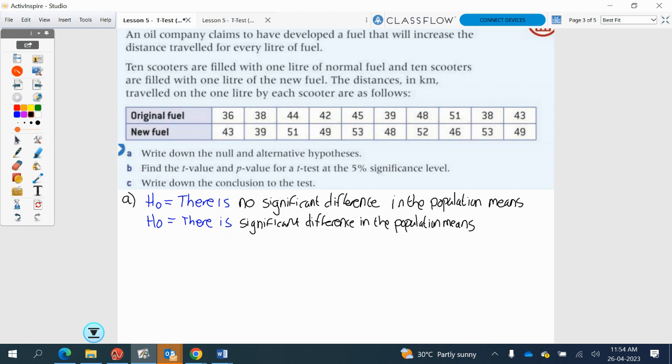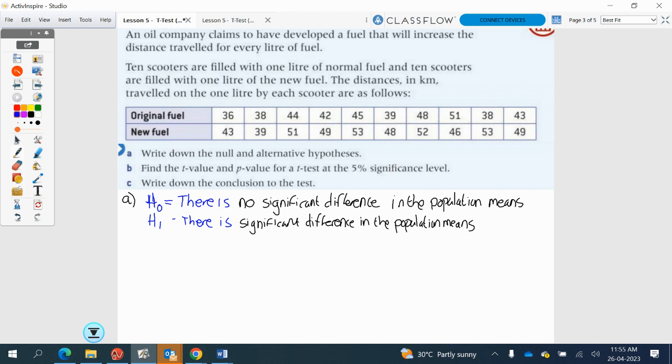But in this case, the alternate hypothesis is always going to be about the population. Because you're always looking at data, and you're looking at, is the average of this data the same, different, higher, lower than the average of this data? So there is significant difference in population.